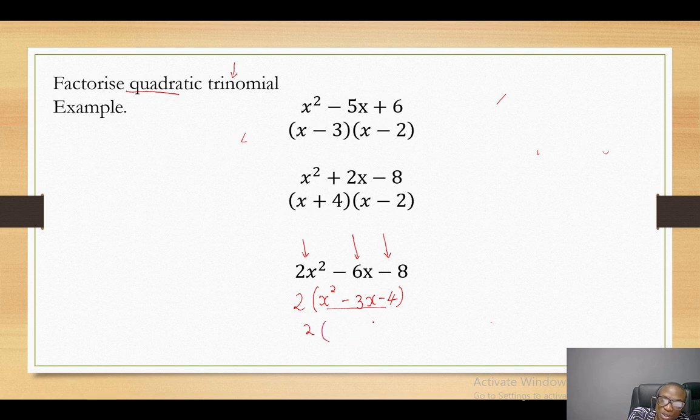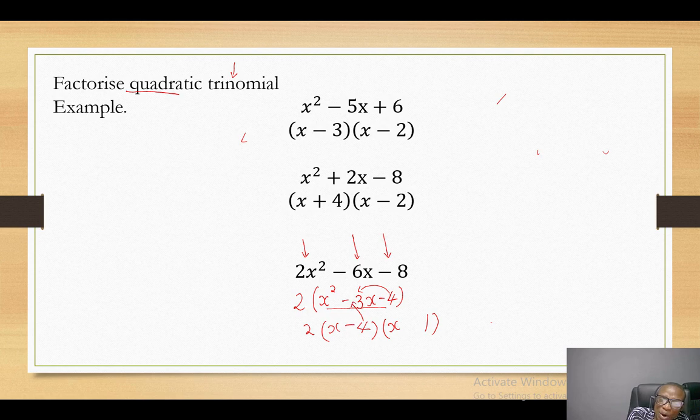You open 2 brackets. X squared, obviously x times x will give you x squared. The factors of 4 that can give you something to do with 3 are 4 and 1. 4 is the higher number, takes the sign from the middle term, which is negative.